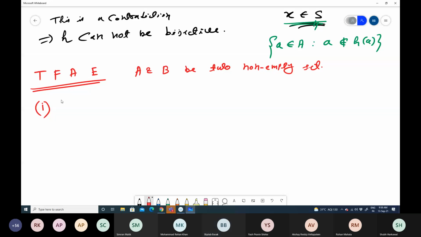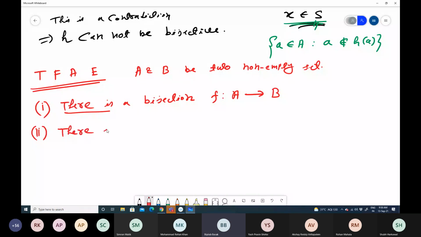There is a bijection F from A to B. That is equivalent to this.